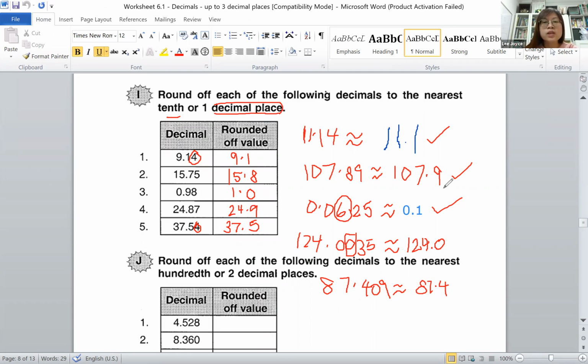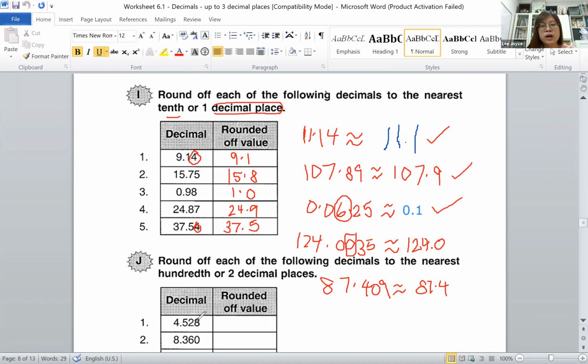So next week, we are going to look at the rounding off of decimals to the nearest two decimal places, or the nearest hundredth. I think now you can make a guess how the pattern will be. In fact, you just have to look at the digit after the hundredths place. For example, question 1, 4.528. You're going to look at the digit 8 now. 8 is bigger than 5.